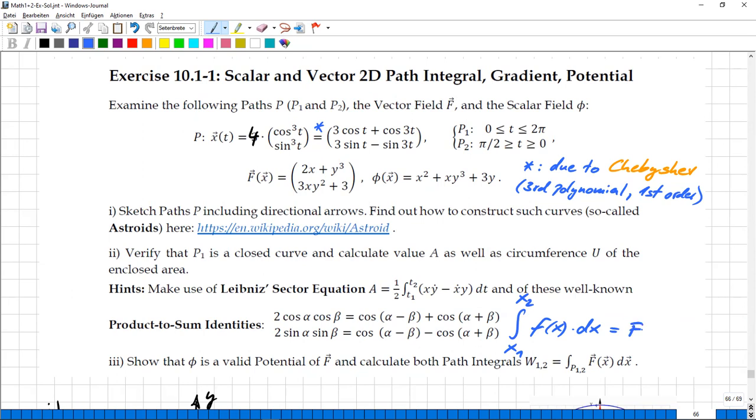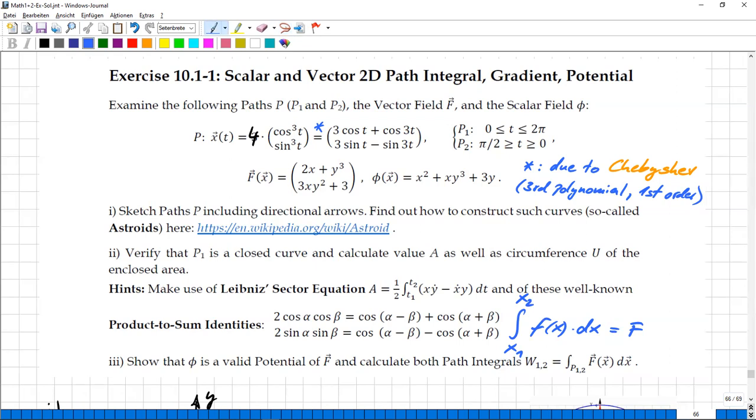Usually we have a force field and capital F is the symbol for force. In this case, lowercase f is the derivative, the differentiated function, and capital F stands for the primitive function, while here phi is the primitive function. So that's just a question of symbolics.